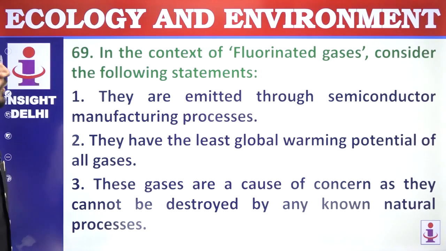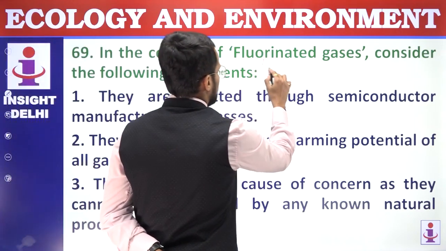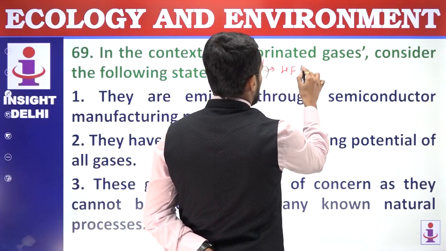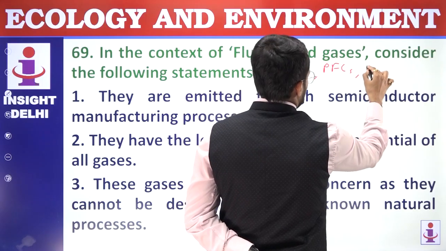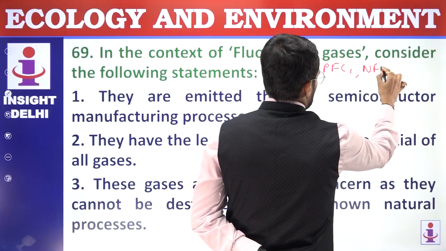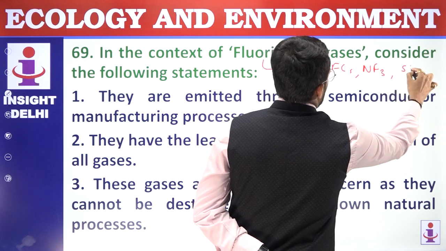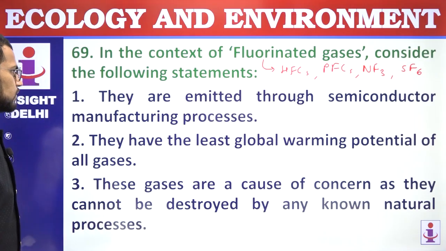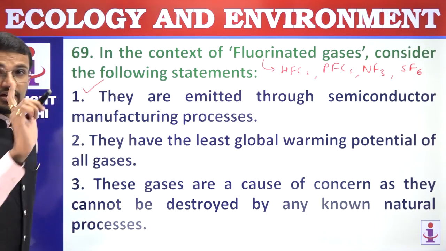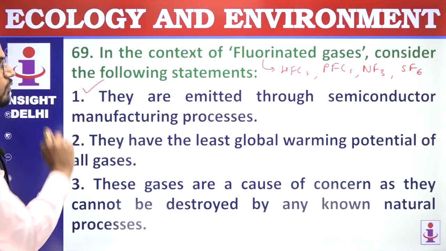69. In the context of fluorinated gases, consider the following substances. What are the examples of fluorinated gases? It is hydrofluorocarbons, it is perfluorocarbons, it is nitrogen trifluoride, even sulfur hexafluoride are the examples. Let us consider the statements. First, they are emitted through semiconductor manufacturing processes. Correct statement. What is the source of these fluorinated gases?